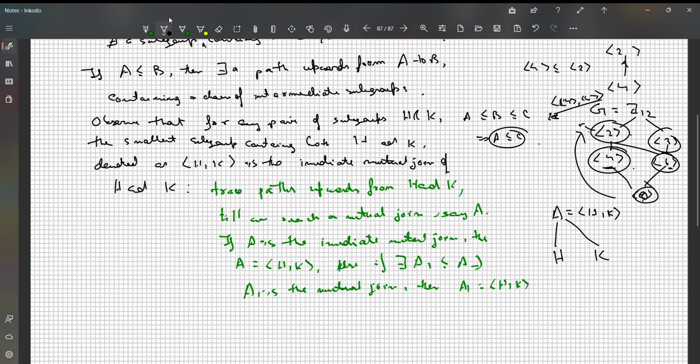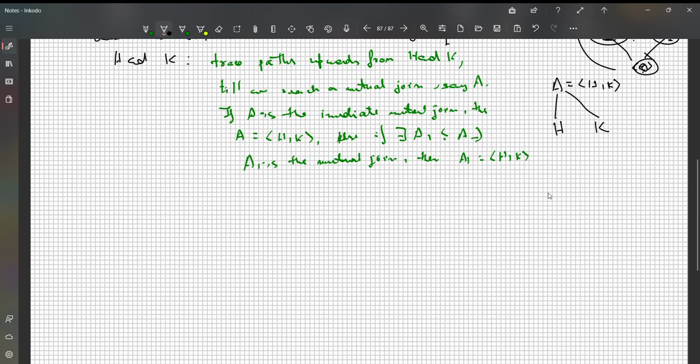So the basic thing which we want to depict here is of this form, let's say. You have the two subgroups H and K. Suppose H is joined to A, K is joined to B, then A is joined to C, B is joined to D, and C and D both are joined to E. Then the smallest mutual join of H and K is E, because H is joined to E and K is joined to E via these paths, and E is the smallest such subgroup to which H and K both are joined.